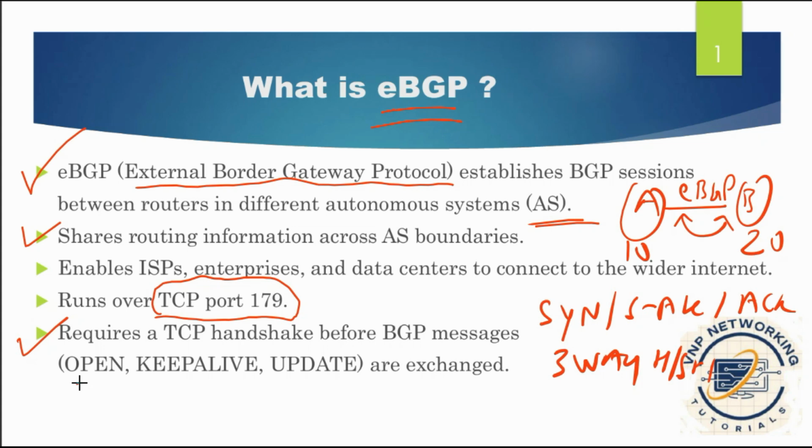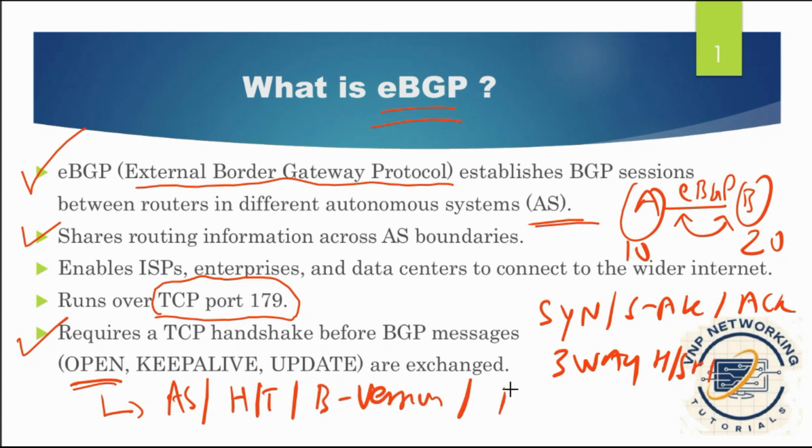The first message exchanged is the OPEN message. We have seen this in our last lecture also, and we have also verified it through tcpdump. The OPEN message contains important information such as AS number, hold down timer, BGP version, and the router ID.